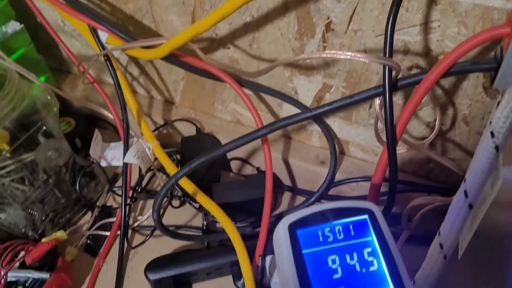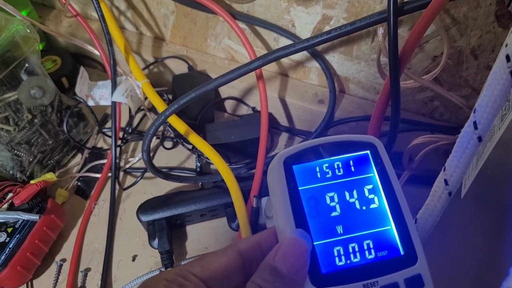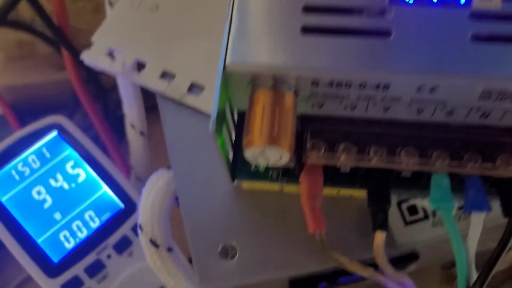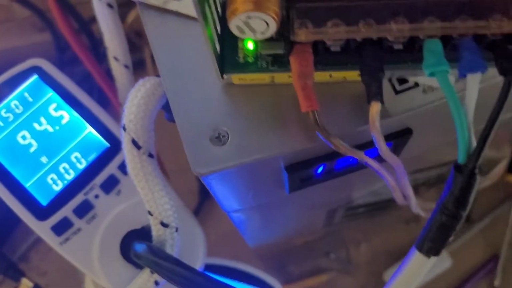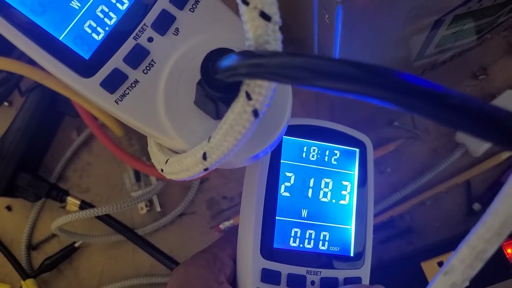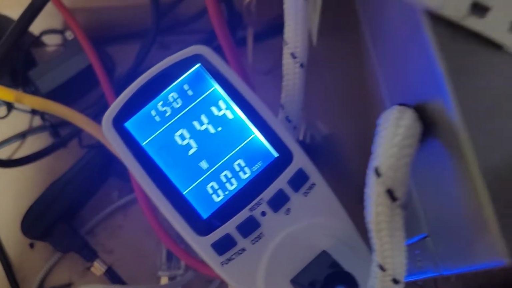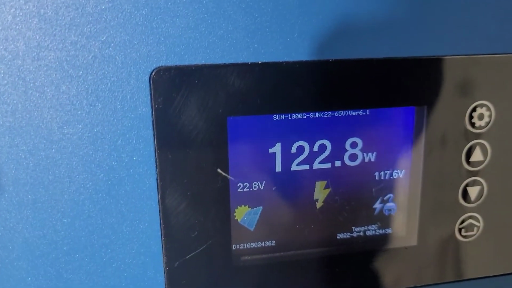Let's look down here. 91. That's never going to change, no matter what you do. Okay? This right here, let's look at this other meter. And we see 218. Okay? Depending on what this right here draws, this will go up and down. But solar won't be affected. Okay? So now we're taking 102 watts off.